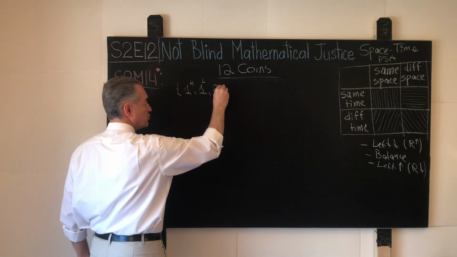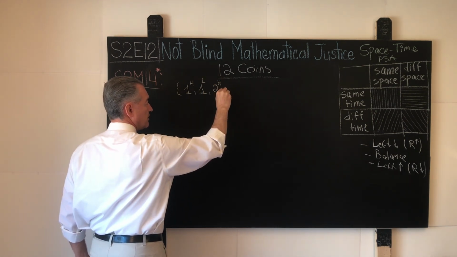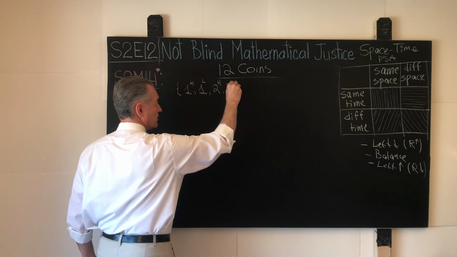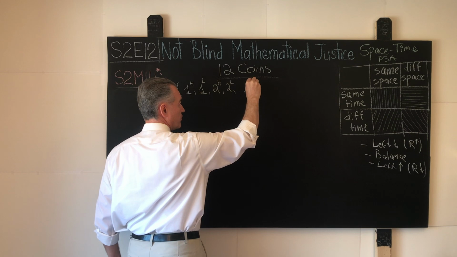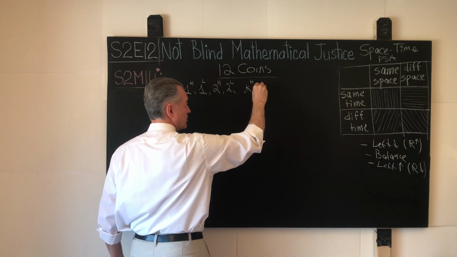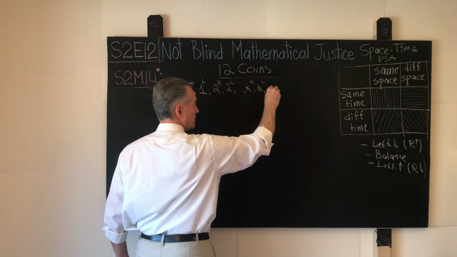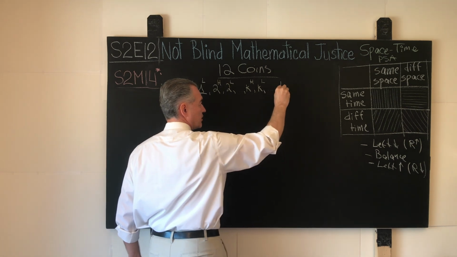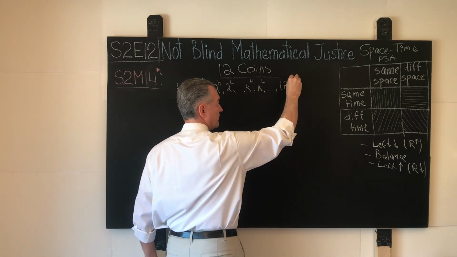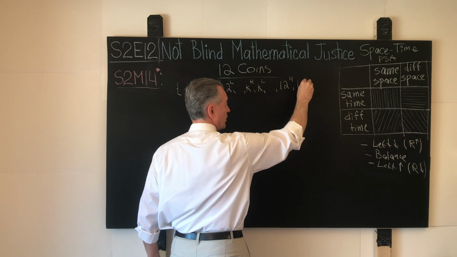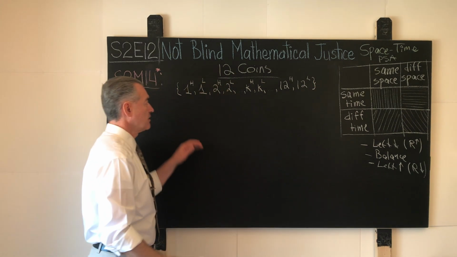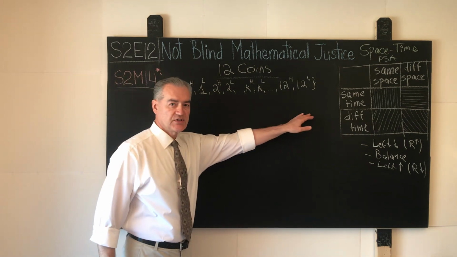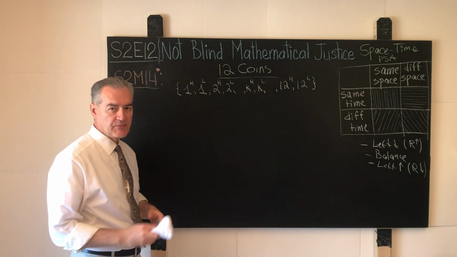Then coin number 2 can be heavy, and coin number 2 can be light, and so on. Coin number k can be heavy, coin number k can be light, and so on. And coin number 12 can be heavy, and coin number 12 can be light. This set of options gives us 24 possible outcomes.